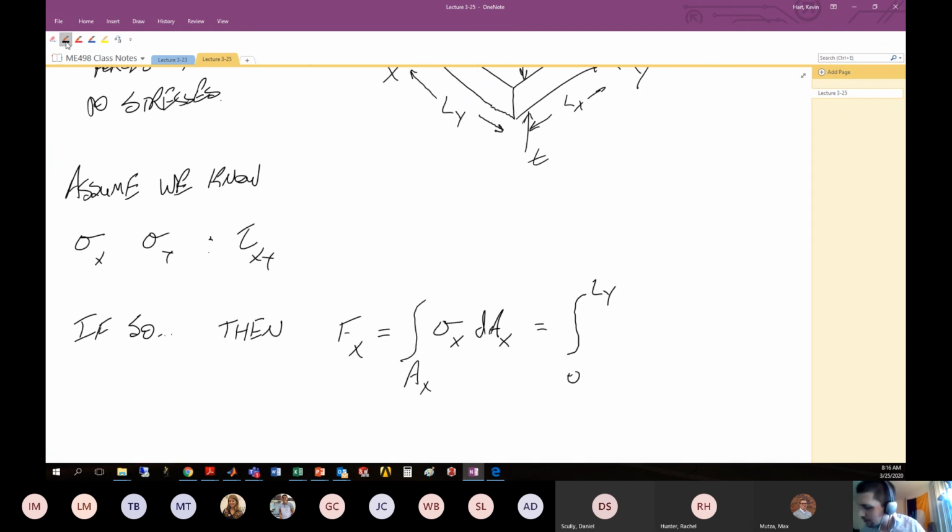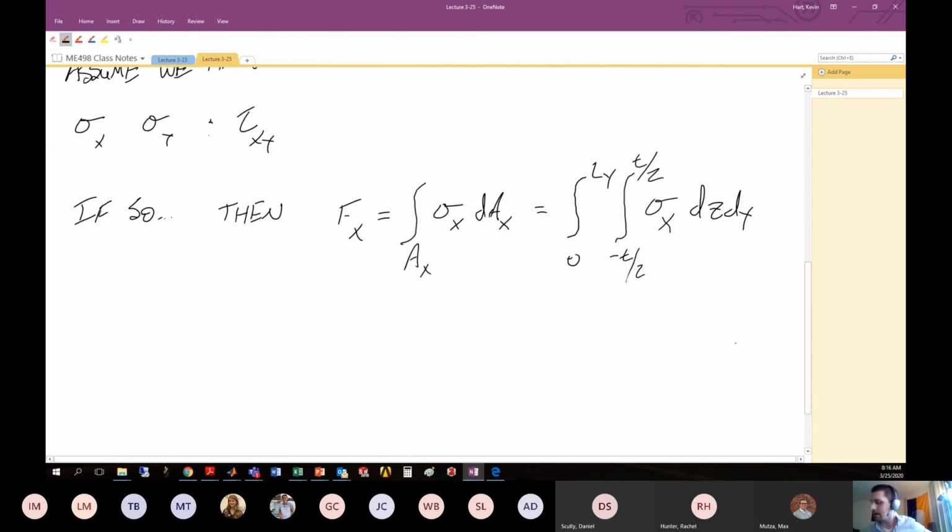So I'm integrating from 0 to Ly across y, and then I'm integrating from negative T on 2 to T on 2 of my stress distribution sigma x, dz, dy. So this is the force that we're generating. It's just the integral of the stress distribution on the face.